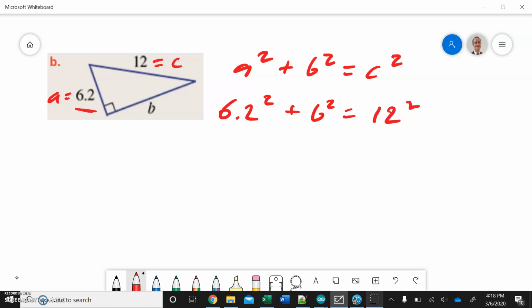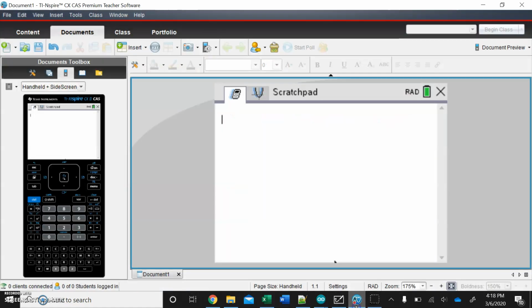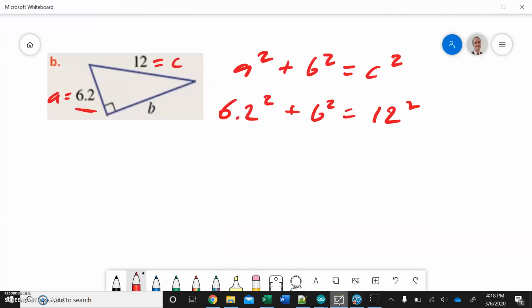Start evaluating those. You'll probably need a calculator for this one because I don't know what 6.2 squared is. So I'm going to open my calculator. 6.2 squared happens to be 38.44, plus B squared, and 12 squared is 144.